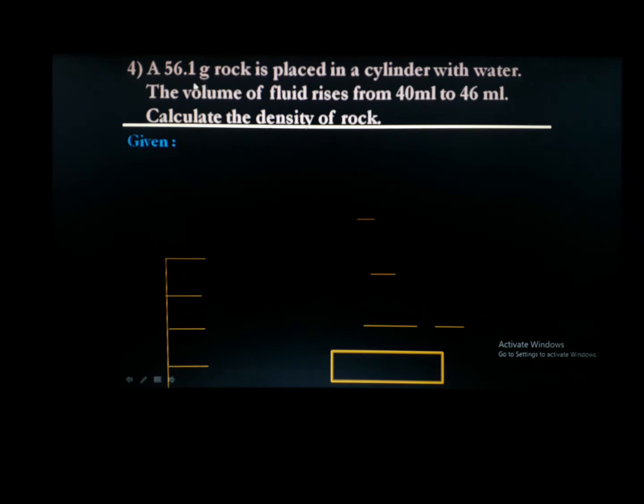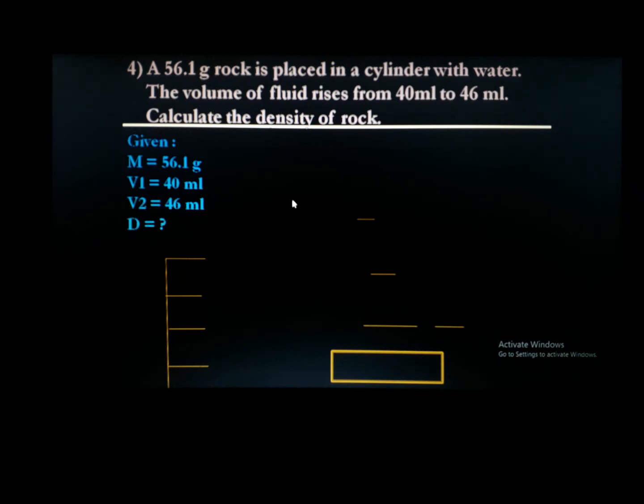So we can take 56.1 gram as the mass of the rock. M is equal to 56.1 gram. And the initial water level is 40 milliliter and the final water level is 46 milliliter. So we need to find out the density.